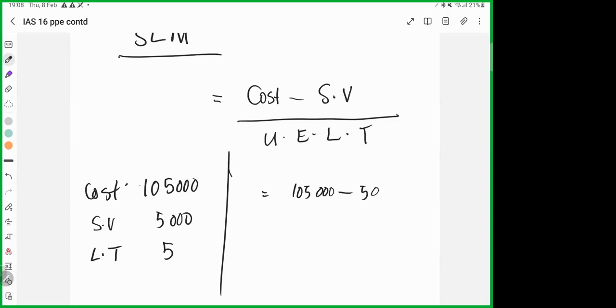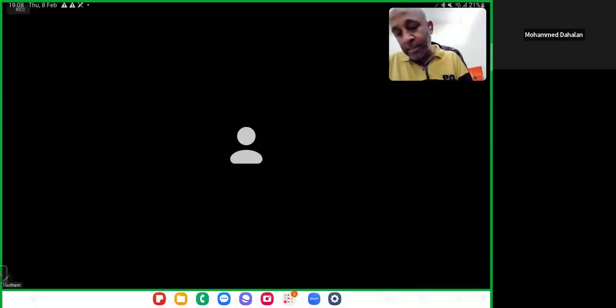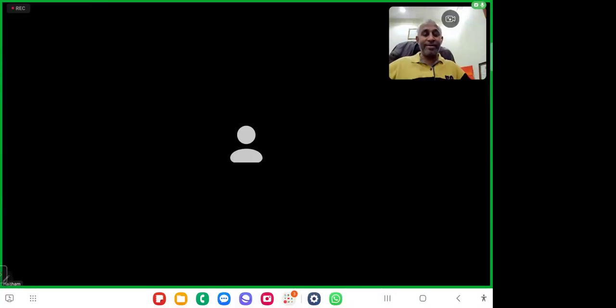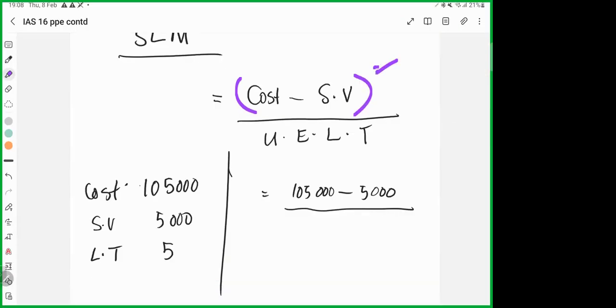So in this situation, 105 minus 5. How do you name this answer? Cost minus salvage value, only that.